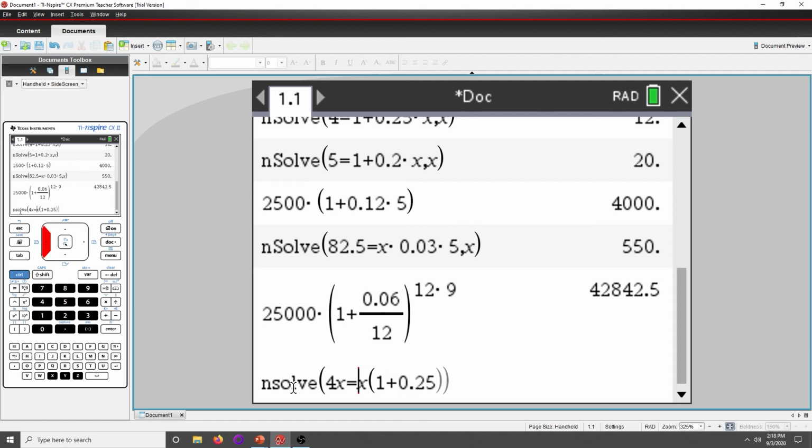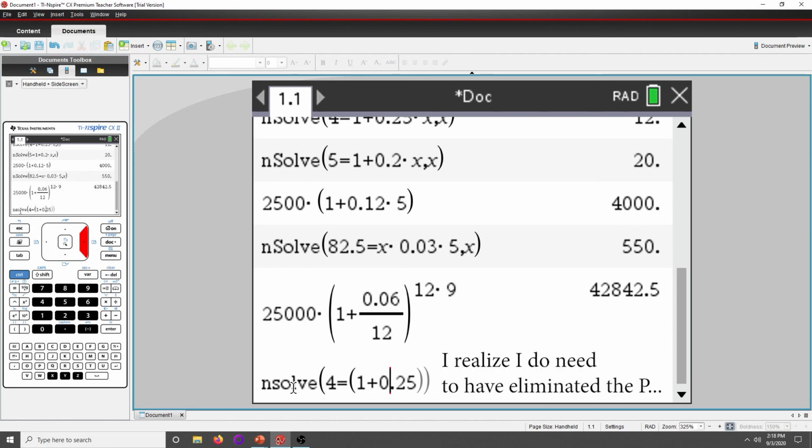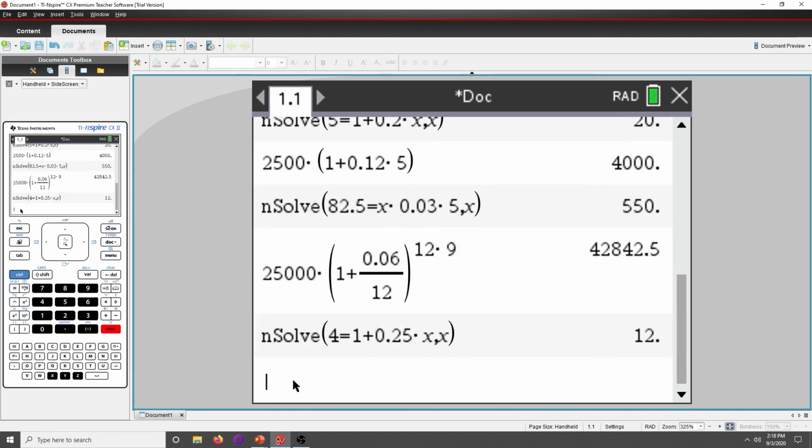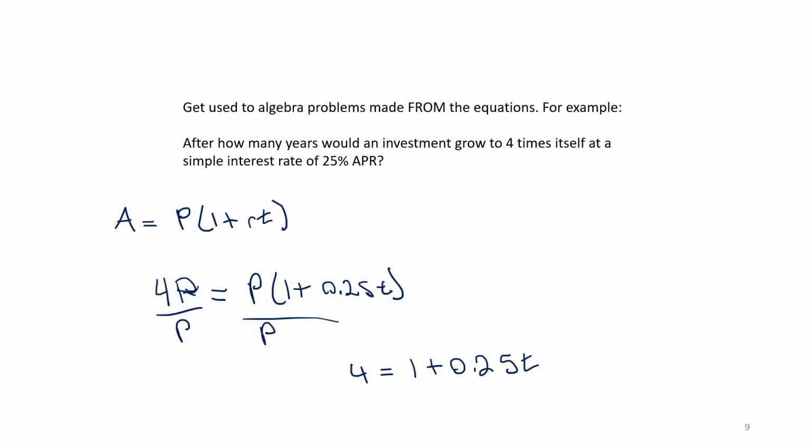Wait, that x is not our P. Ignore it. We did divide it out. 0.25x, comma, x. And our answer is 12. 12 years. At a simple interest rate of 25% APR, any amount of money, P, will grow to 4 times its original amount after 12 years.